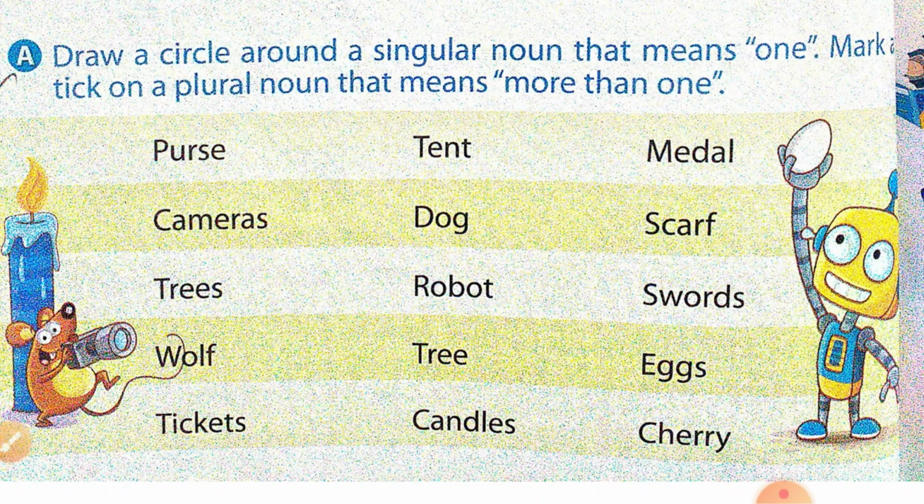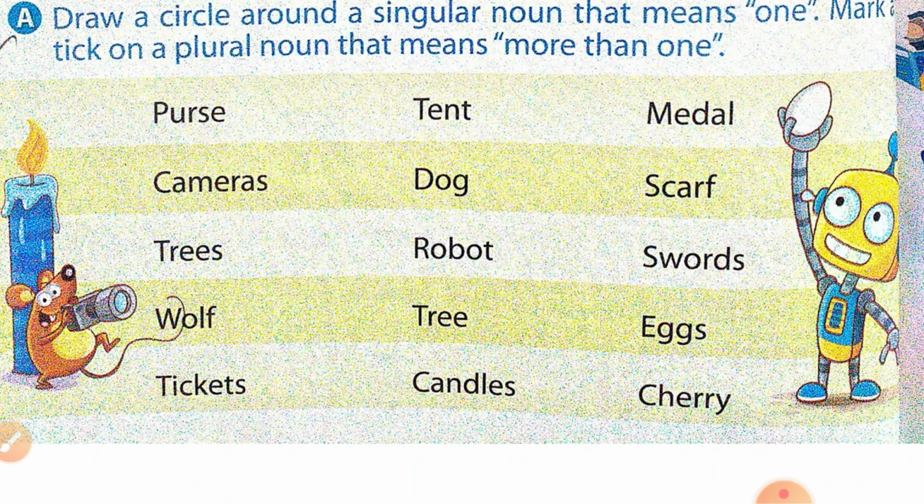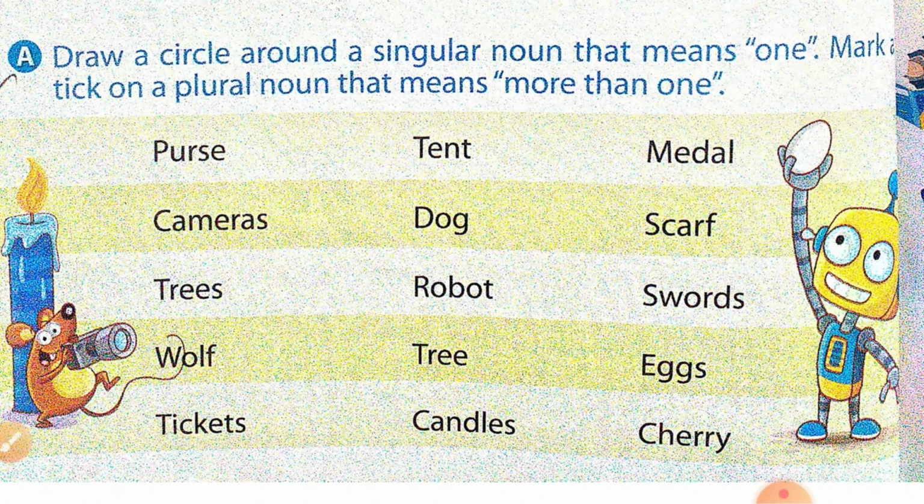Now we will do one activity. Draw a circle around a singular noun, that means one. Mark a tick on a plural noun, that means more than one. Simply we have to circle the singular nouns and tick the plural nouns.